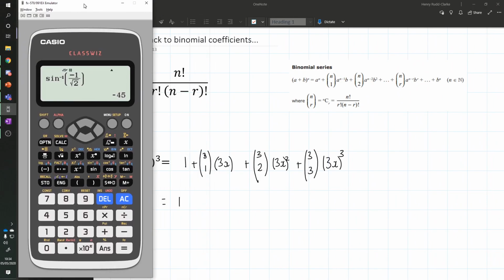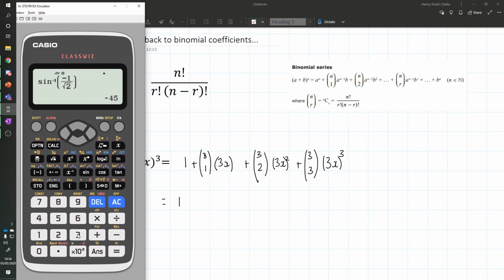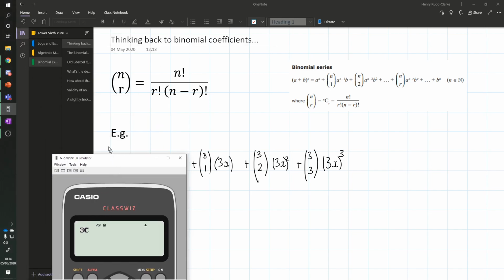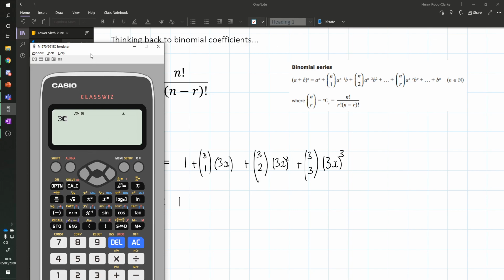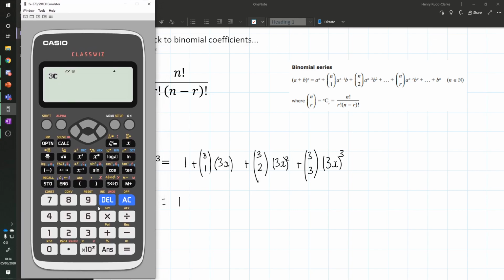Just a quick reminder of how you do this in your calculator. If I do 3 and then shift nCr, so remember another way of writing this binomial coefficient would be nCr instead of n r in the kind of vectory brackets.